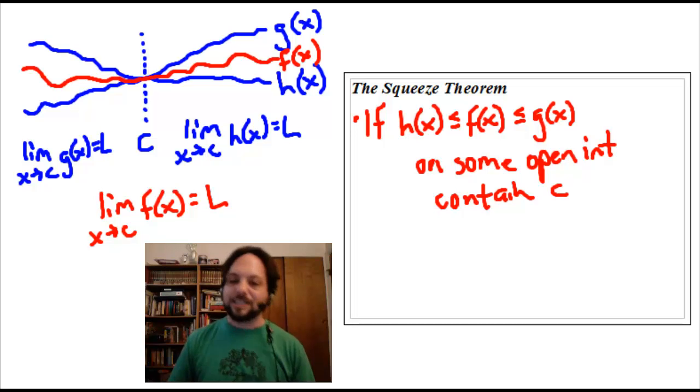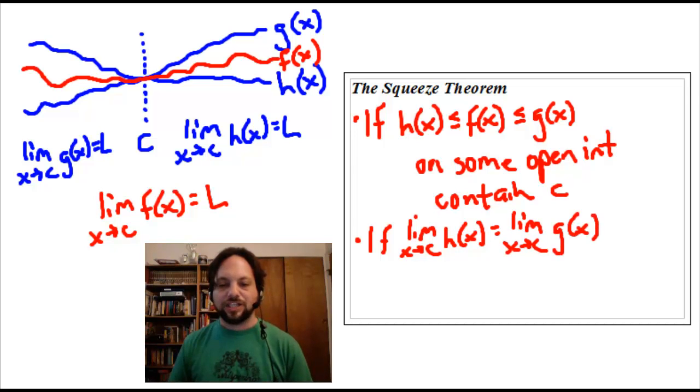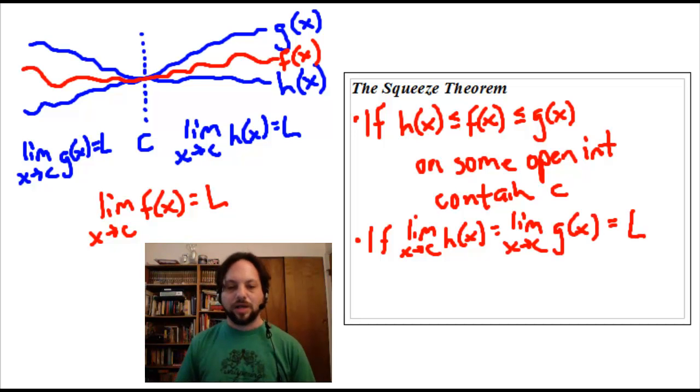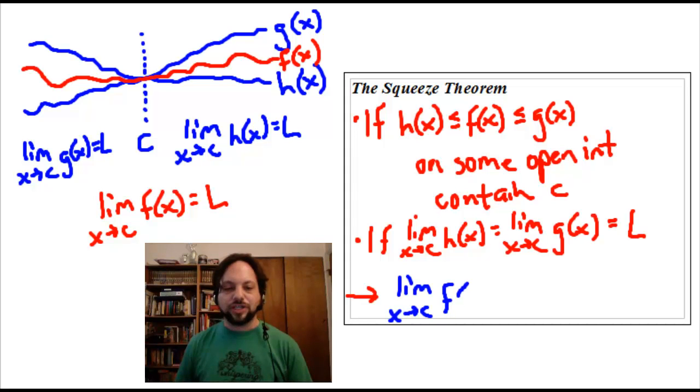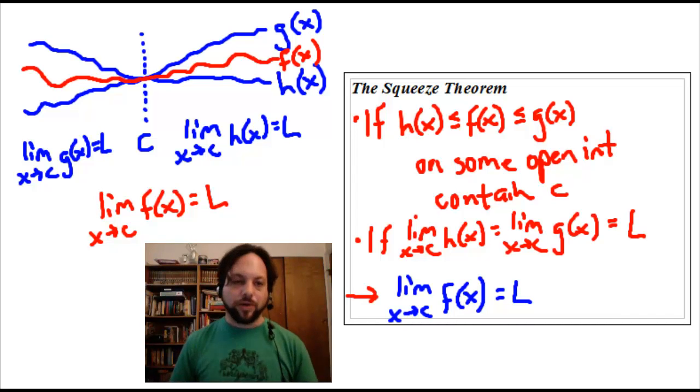So if that's the case, and furthermore, if the limit as x approaches c of h of x equals the limit as x approaches c of g of x, and let's just define that limit as L, then our conclusion must be, as we said in our story picture over here, that the limit as x approaches c of the function that is squeezed between those two must also equal L.